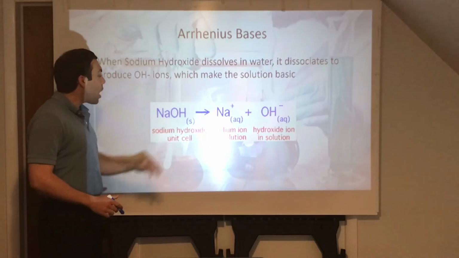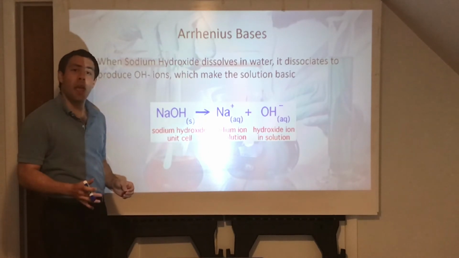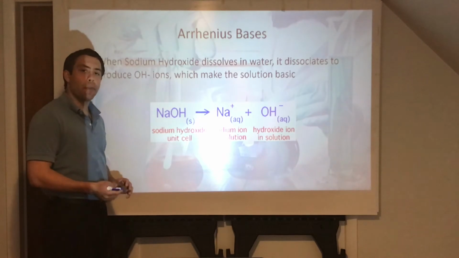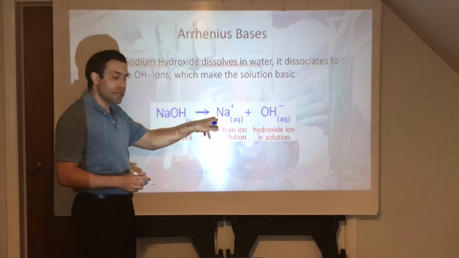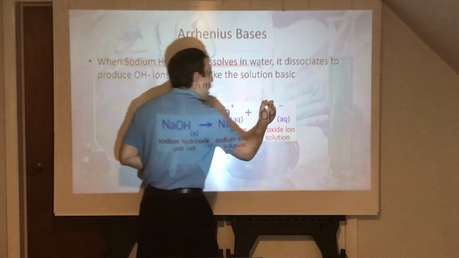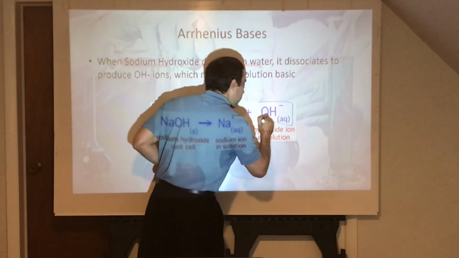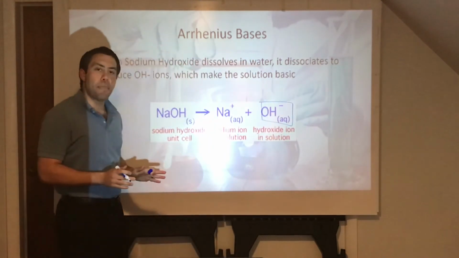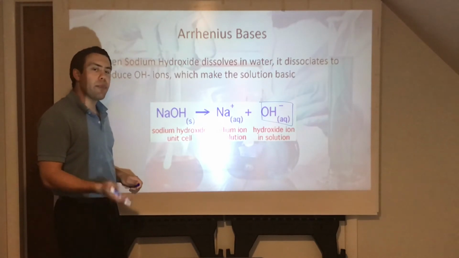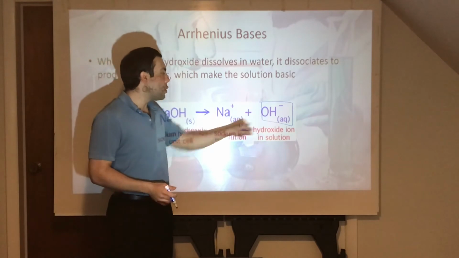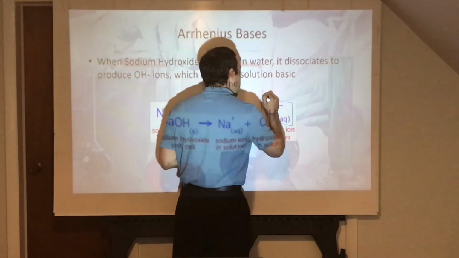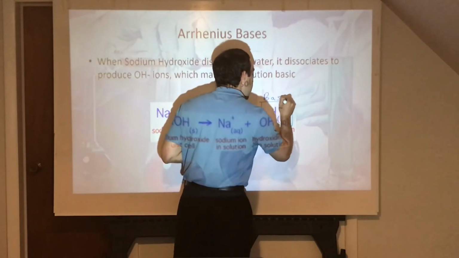Now, sodium hydroxide starts as a solid, and when it's dissolved in water, it dissociates, it breaks apart into Na plus ions and OH minus ions. By breaking up into OH minus ions, according to Arrhenius' theory, this solution is going to be basic.